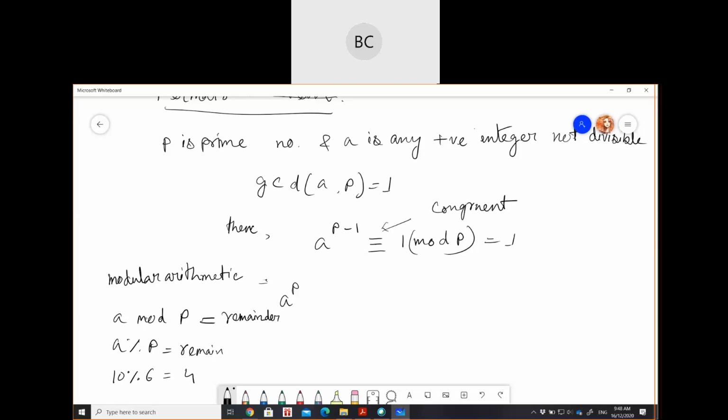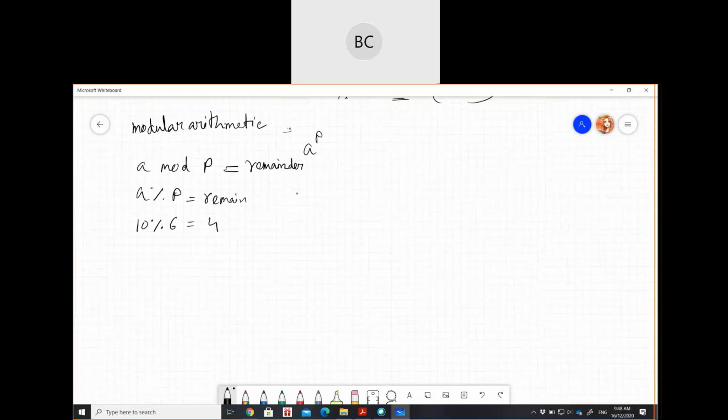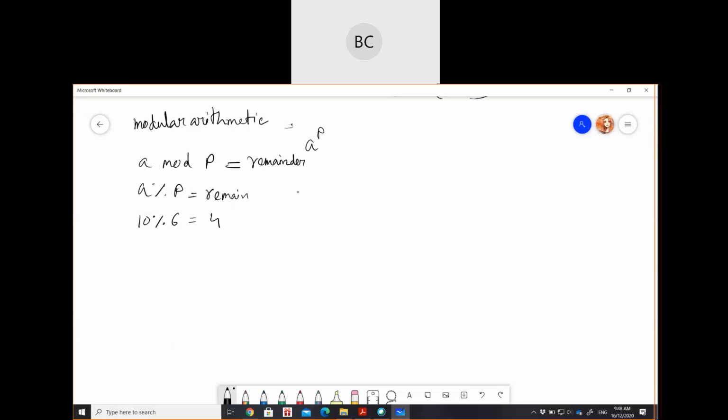So if I say 3 mod 2, what will be the answer? 1.